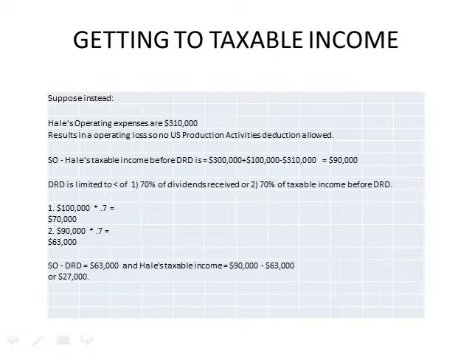And that's where the calculation of 1 and 2 in this example gets us to a dividends received deduction of $63,000, which, once we reduce our taxable income before the dividends received deduction by that amount, gets us to a $27,000 taxable income.